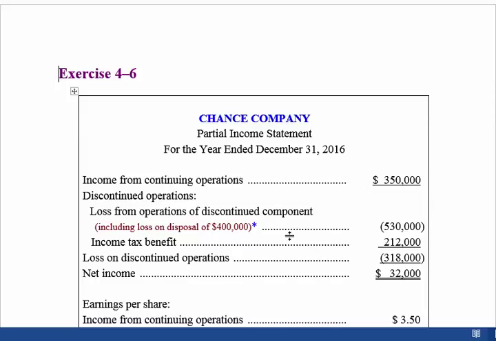Then we'll calculate earnings per share on this loss on discontinued operations of $318,000. So that's a negative $318,000 divided by the 100,000. Gives us a negative $3.18.